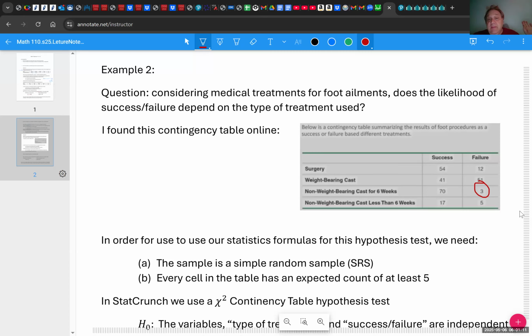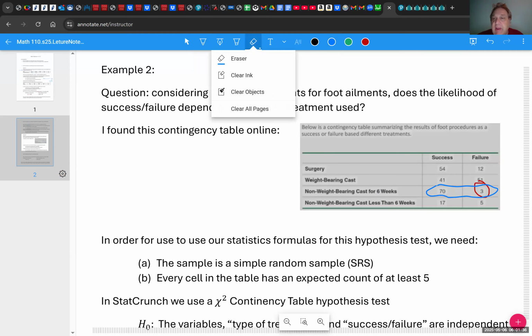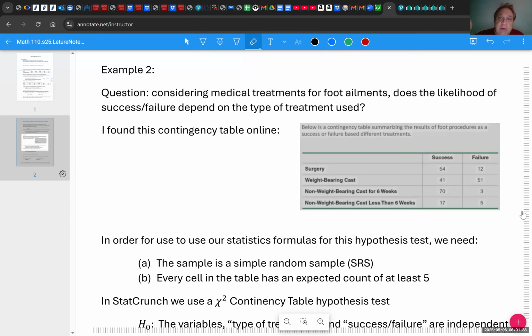So if we had an equal frequency of success and failure, meaning half the time it's success, half the time it's failure, we have, in this one row right here, 70 successes and 3 failures. If they were equally likely, I guess we can't really do it that way, but you can see it that way. But let's look at it another way.